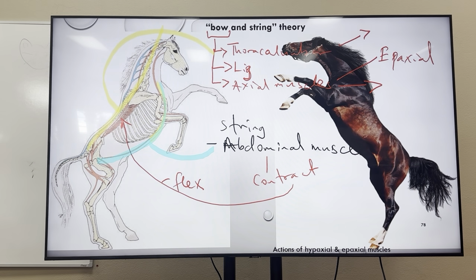Contraction of this muscle is going to strengthen the bow. It strengthens the bow.